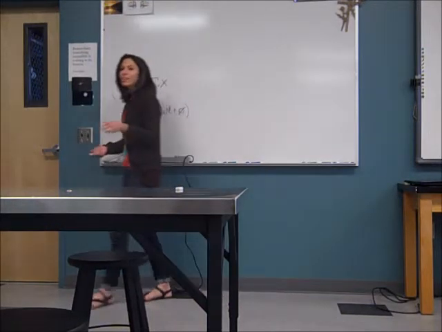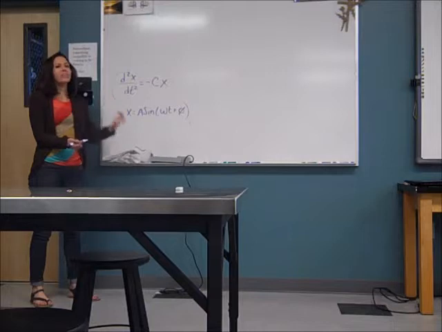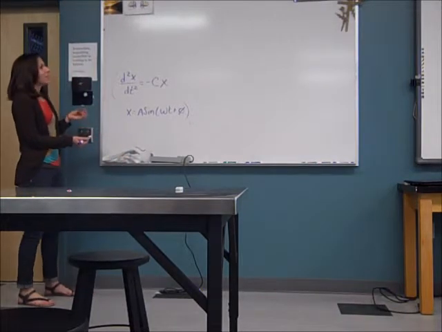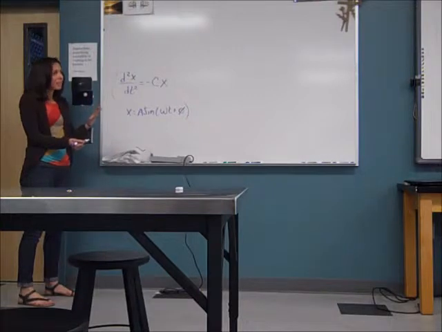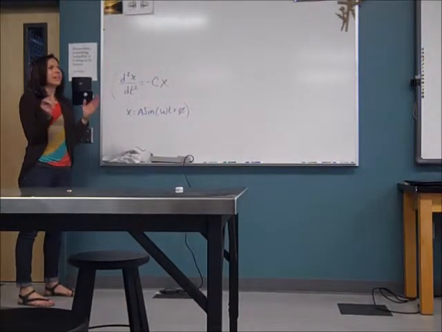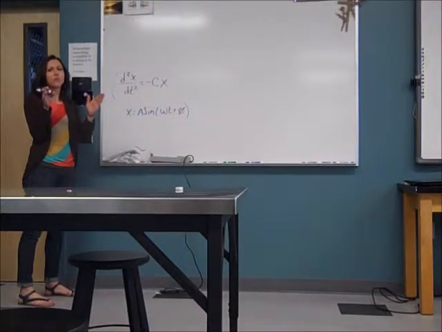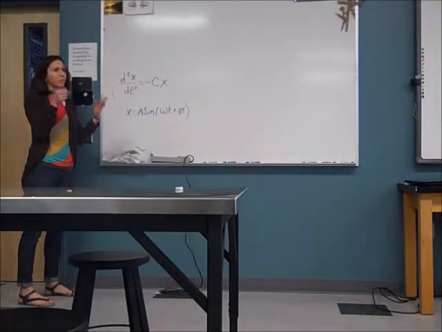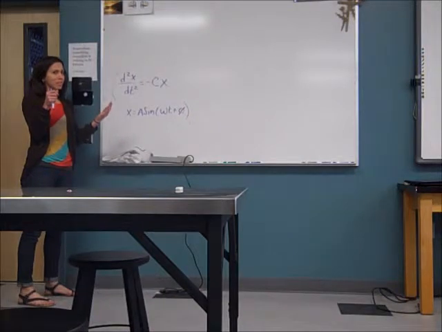Omega is called angular frequency. We learned it as angular velocity, but it's the same thing. Angular frequency, instead of frequency, relates it to scaling everything to a 0 to 2 pi x-axis, basically. So instead of having frequency being in units of per second, we have frequency being in units of radians per second.